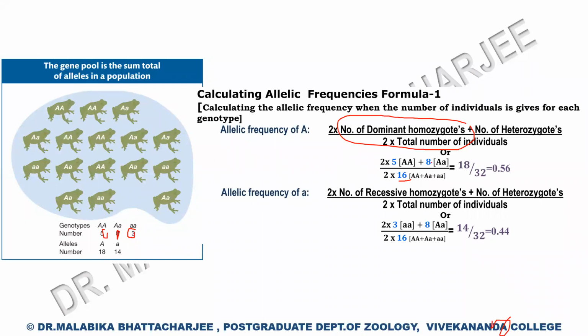We have 18, so we get 0.56. Similarly, for the recessive allele, 2 into the number of recessive homozygotes. We have 3 individuals of the recessive category, 2 into 3 is 6, plus the number of heterozygotes, 8, that is 14, divided by the total, 14 by 32, that's 0.44.